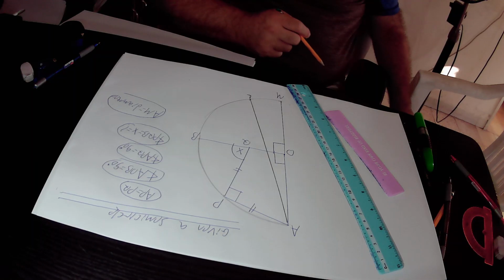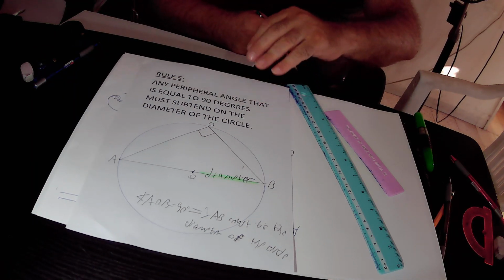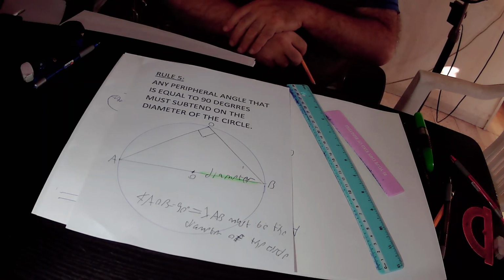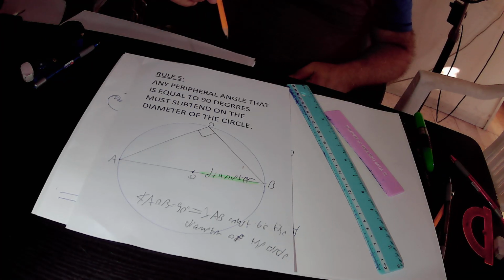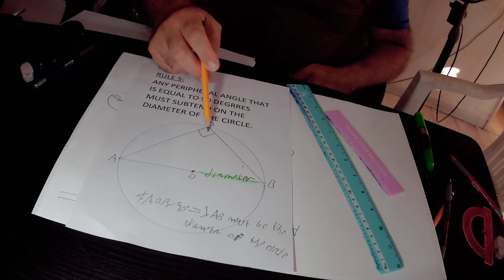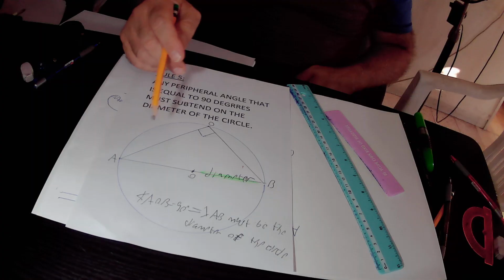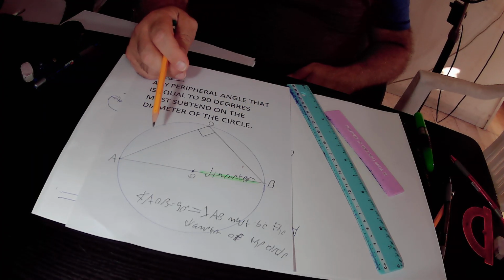So, let me repeat Rule 5 quickly. According to Rule 5, any peripheral angle that is equal to 90 degrees in its size must subtend on the diameter of the circle. In the drawing we have a circle. This is peripheral angle AOB that is equal to 90 degrees in its size. And therefore peripheral angle AOB must subtend on the diameter of this circle.